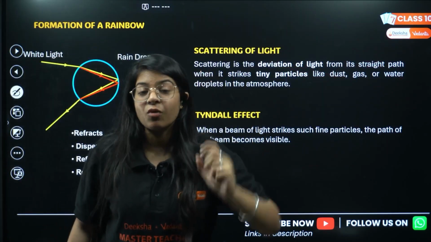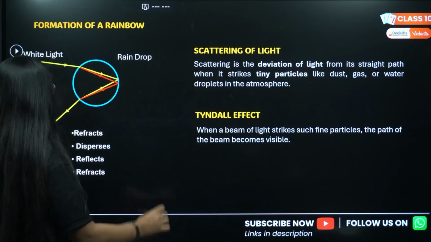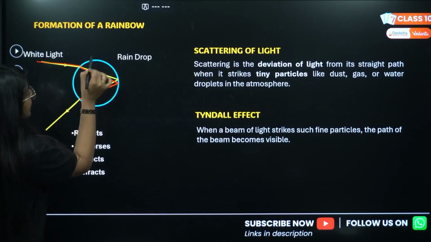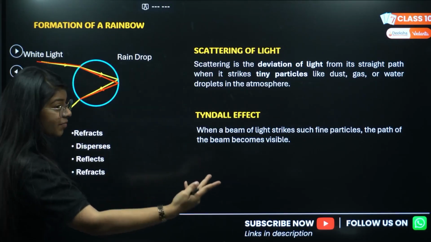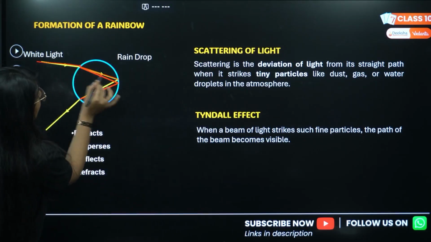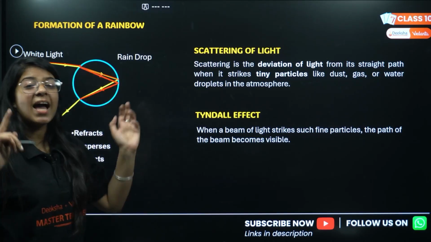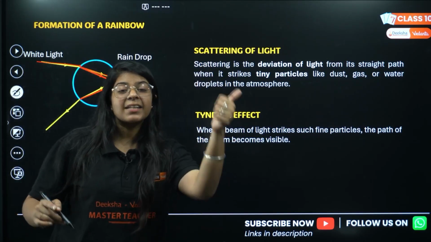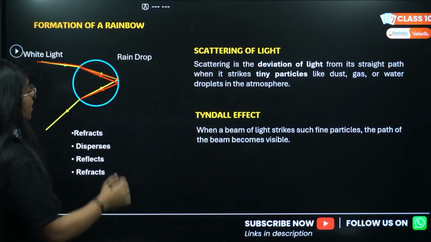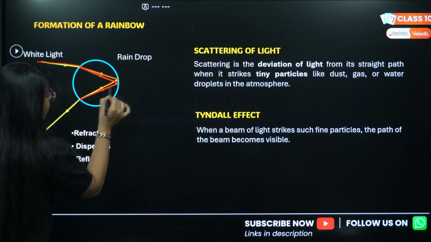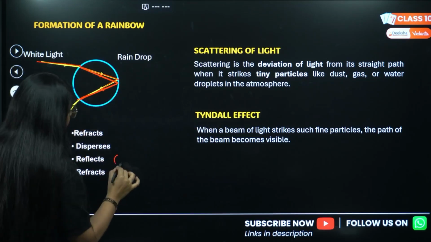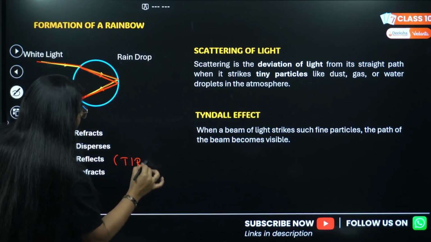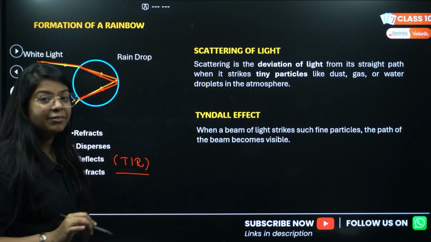The first is formation of a rainbow. Ma'am, very easy. Light goes inside the water droplet. Since it has a different refractive index, it gets refracted and dispersed into 7 colors. Then inside it gets totally internally reflected. The phenomenon is called total internal reflection.